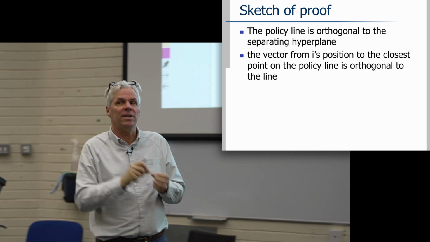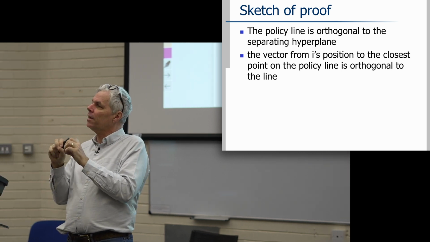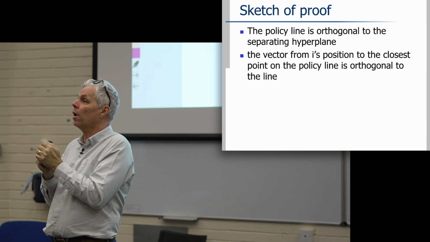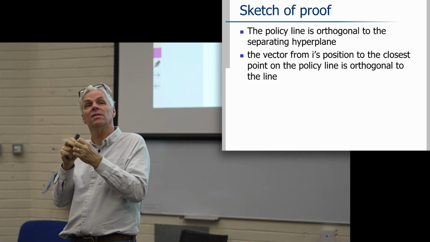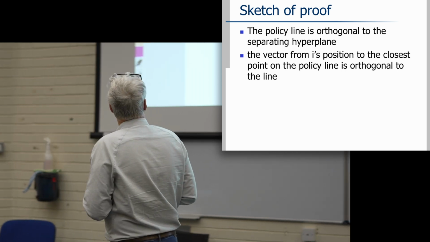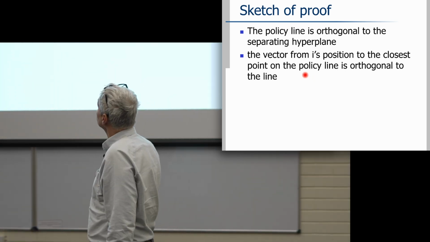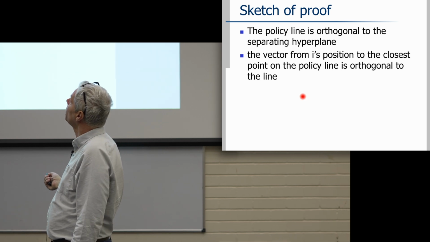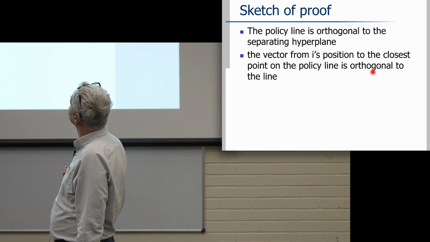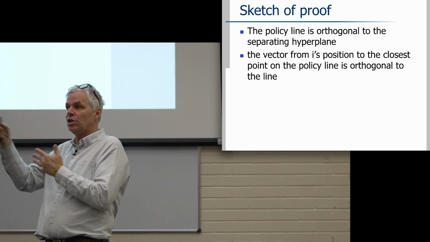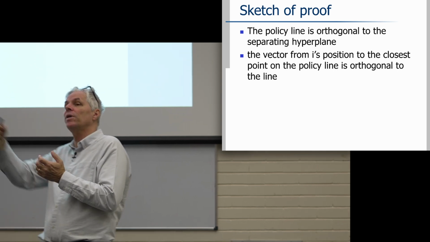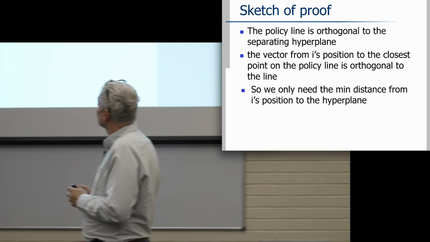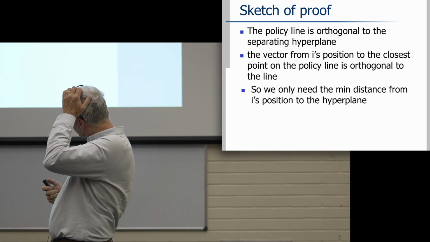What we're really interested in is, if you're moving farther from the policy line, what is the closest distance to that line from where you are. And we want to show that that closest distance is increasing. And so the closest distance is also going to be perpendicular to the policy line. We showed that before: the closest point to your policy line is going to be perpendicular to that policy line. And it's going to be perpendicular to the hyperplane.